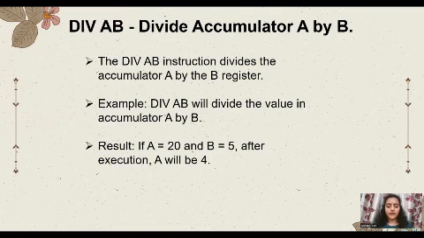After the execution, I will get A is equal to A by B. So 20 divided by 5 is 4, since 5 fours are 20. So the value I get is 4. The accumulator is the destination, so A is equal to 4. This is a simple division, as we do in mathematics, and we can do it here itself.